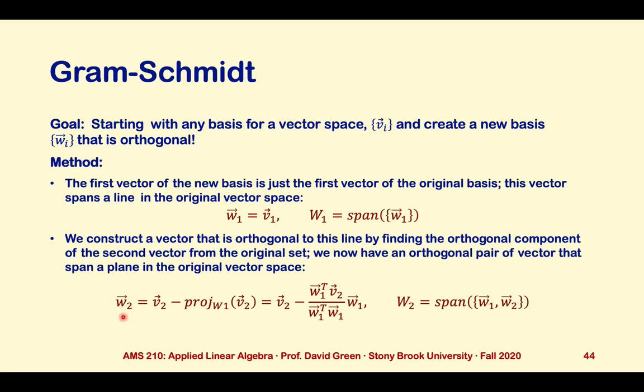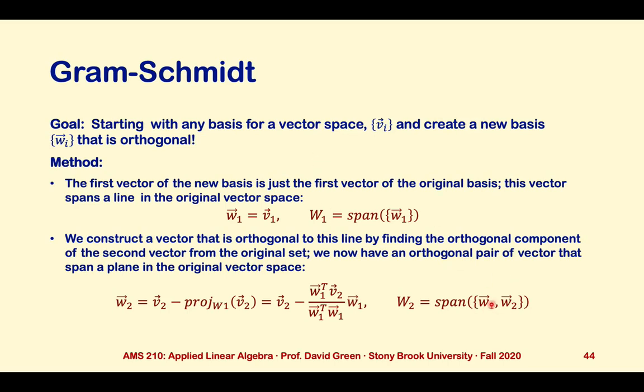Here, we take advantage of our understanding that the projection onto a vector space is given by the projection onto the basis of that vector space. w1 is a basis for this line, so we subtract from v2 the projection of v2 onto w1, which is given by the ratio of the dot product of w1 and v2 divided by the dot product of w1 with itself, multiplied by w1.